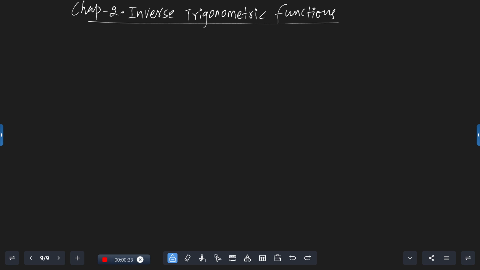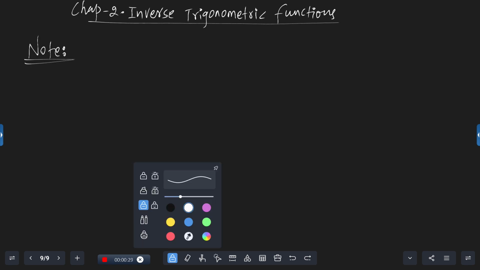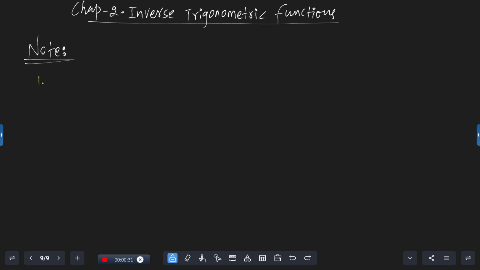Kindly note that down. First, take this in your notebook. Some formulas. First formula, what is that? Sine inverse of minus theta equals minus sine inverse theta. Understand?